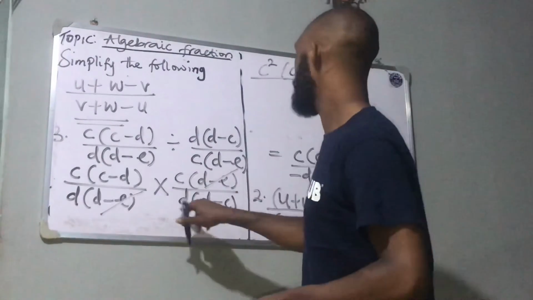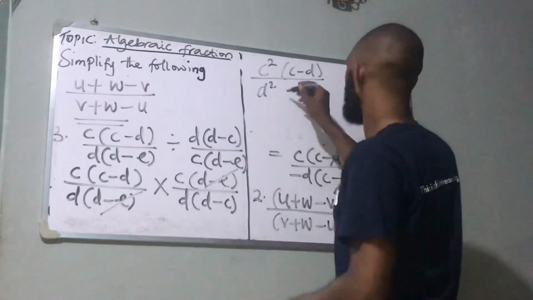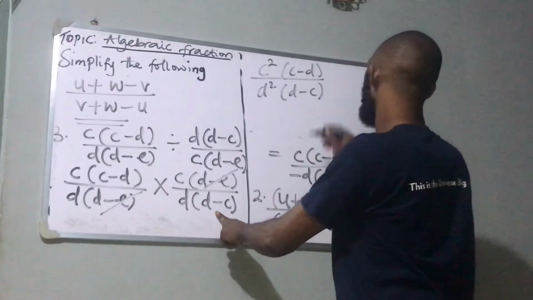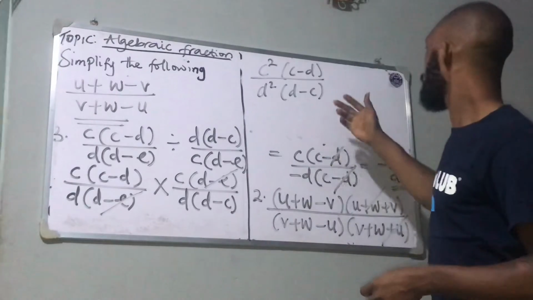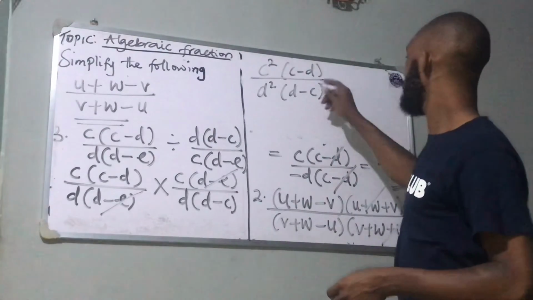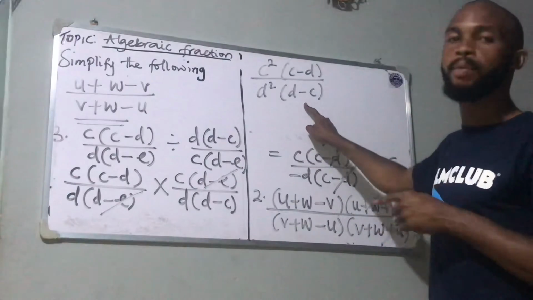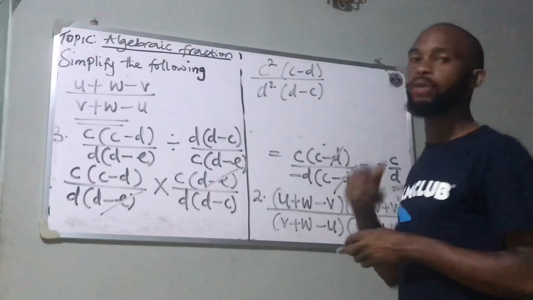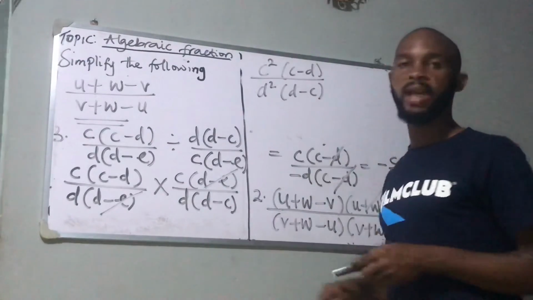We have d times d, that will give us d squared. And we have d minus c left. Now we are not done at this point. We can still cancel out c minus d with the denominator. But remember, like the previous example we did, this and these are not the same. So we multiply the denominator by minus so that we can switch the positions of d and c.